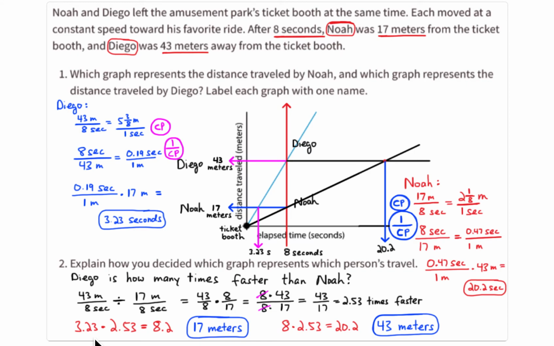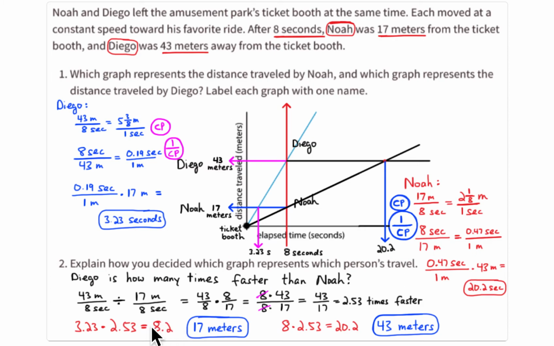So if you compare the times, 3 and 23 hundredths times this 2 and 53 hundredths, which is how many times faster Diego is than Noah, you're going to get Noah's time. So I'm going to take Diego's time, multiply it by that 2 and 53 hundredths, and I'm going to get Noah's time.